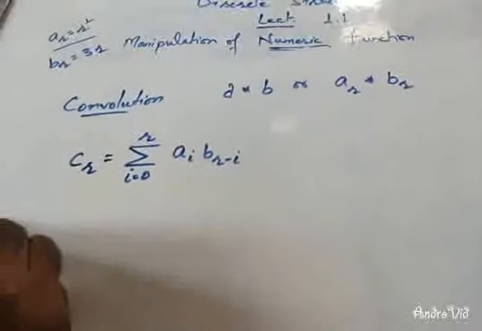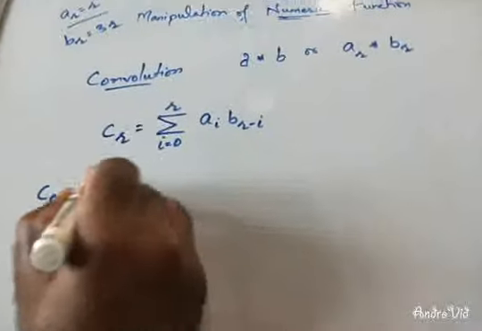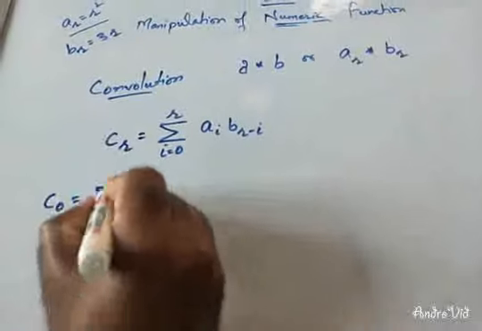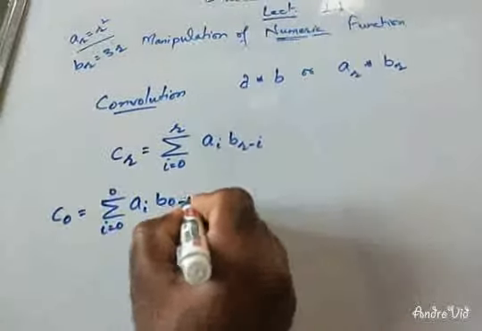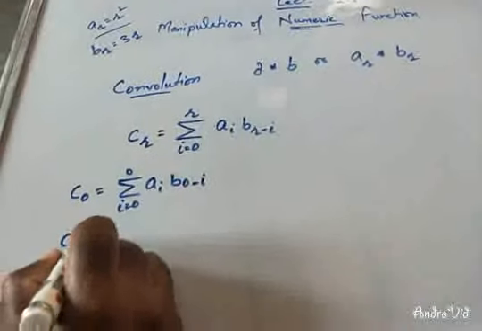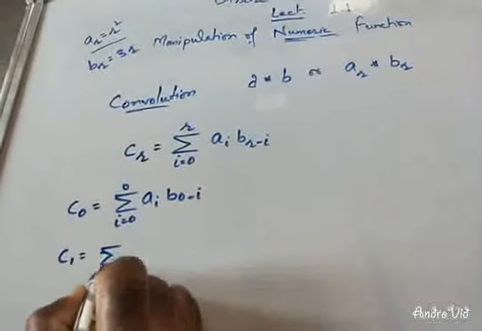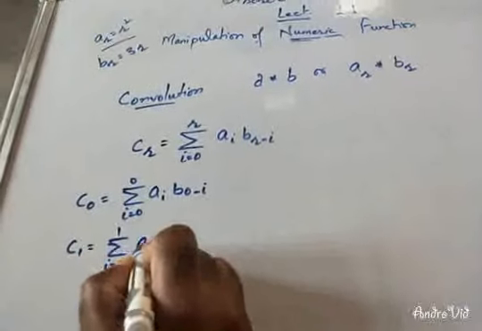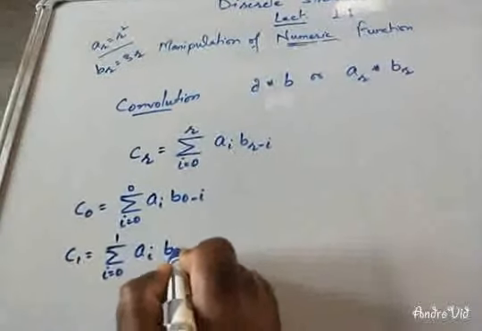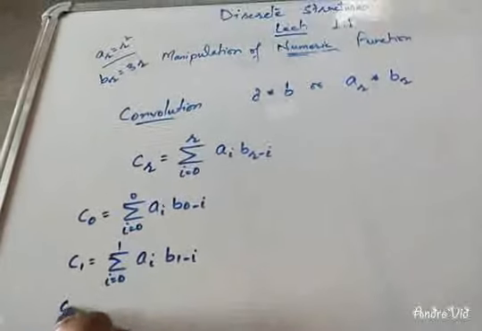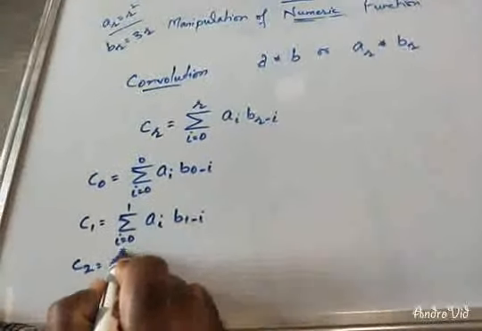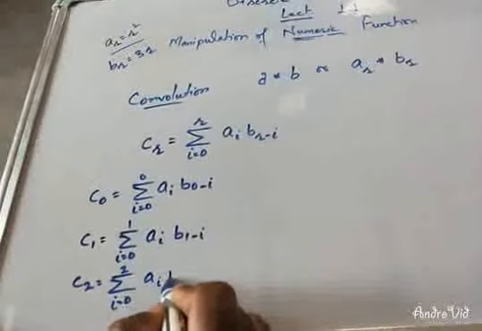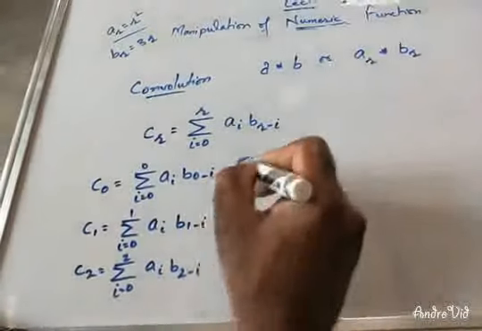At value 0, C0 is sigma I equals 0 to 0 of AI B 0 minus I. C1 is sigma I equals 0 to 1 of AI B 1 minus I. C2 will be sigma I equals 0 to 2 of AI B 2 minus I.